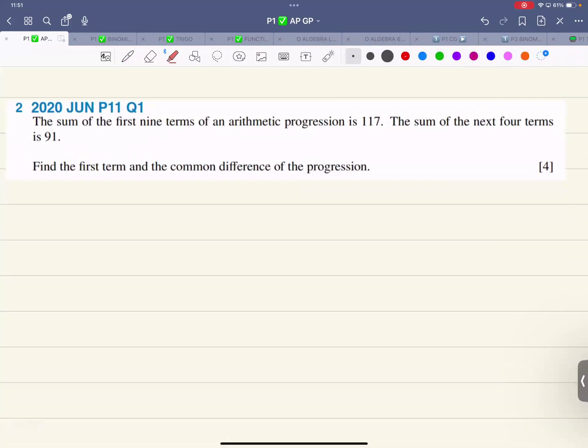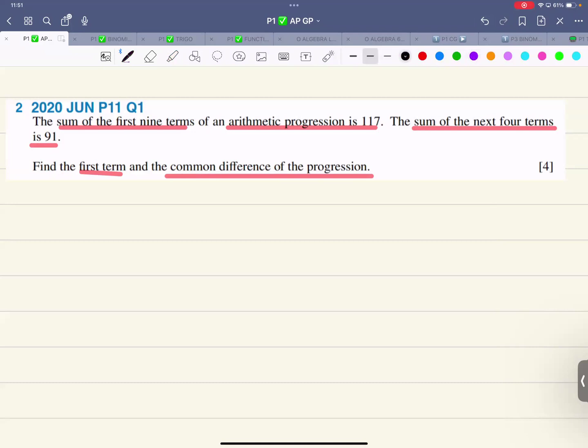Now the question says, the sum of the first 9 terms of an AP is 117. The sum of the next 4 terms is 91. And it's asking to find the first term and the common difference of the progression. So first of all, it's an AP, and a is unknown, d is unknown.